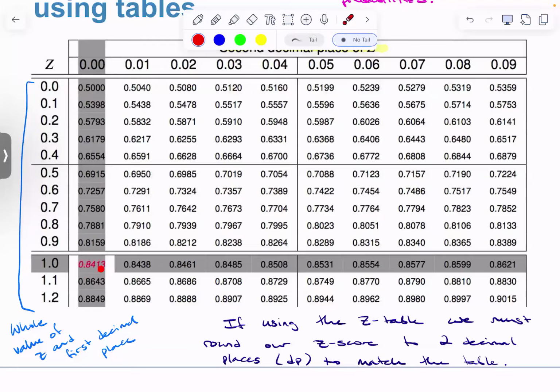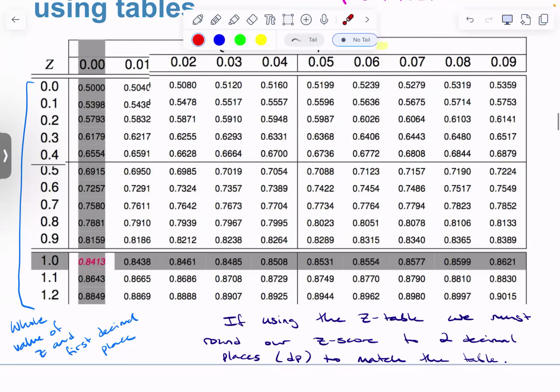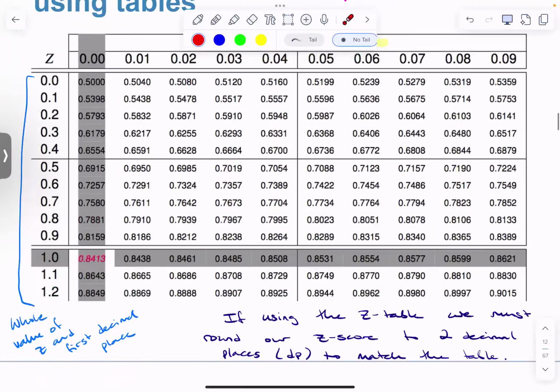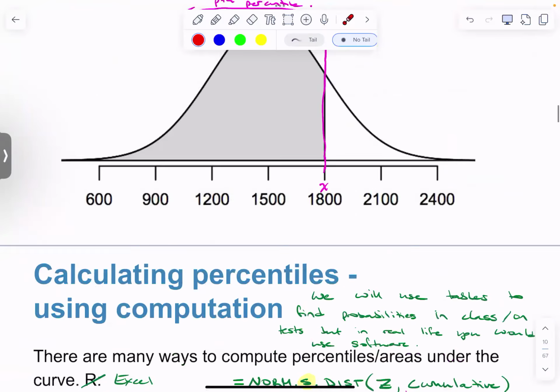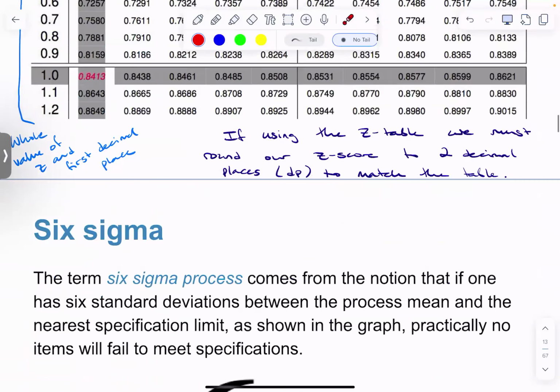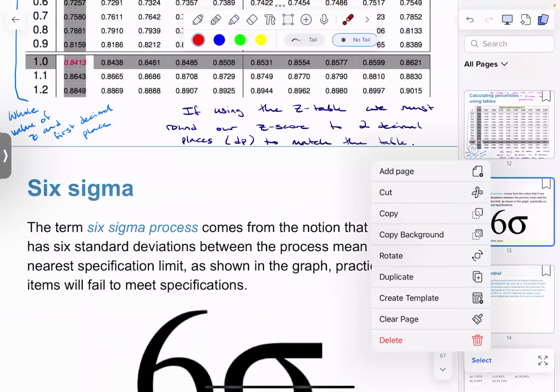And what does this mean? It means she was at the 84.13 percentile. Percentile? Let's see here. I'll just add a page, I guess.